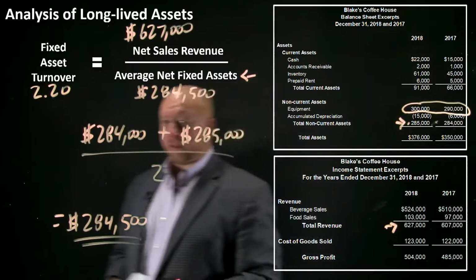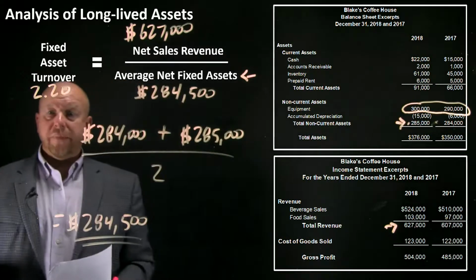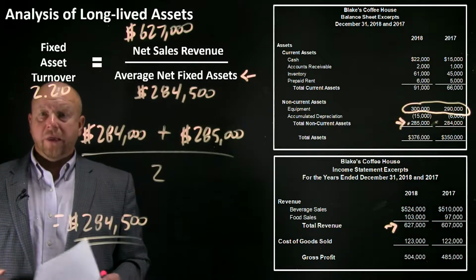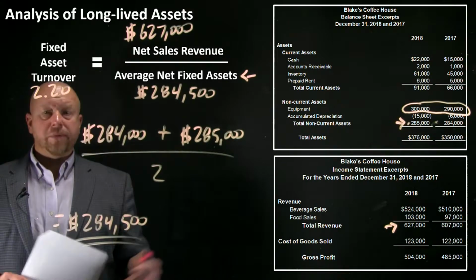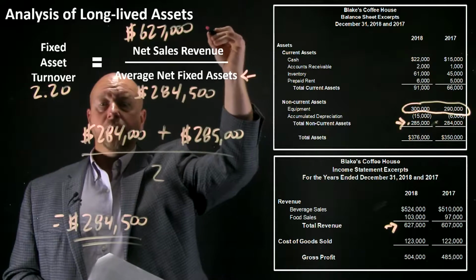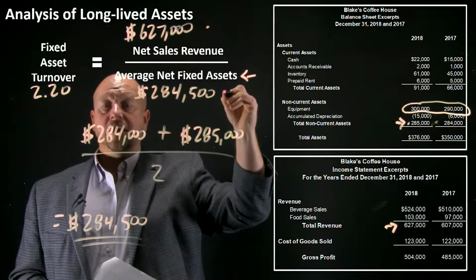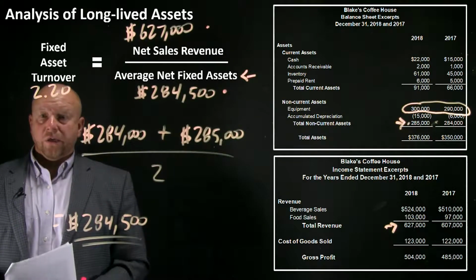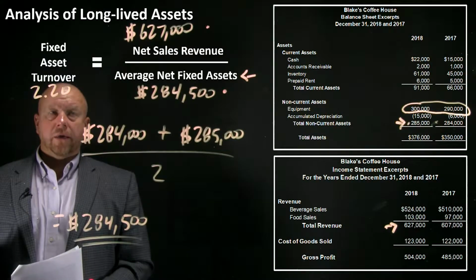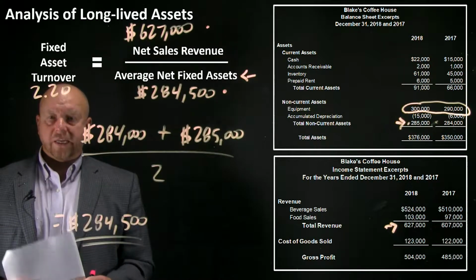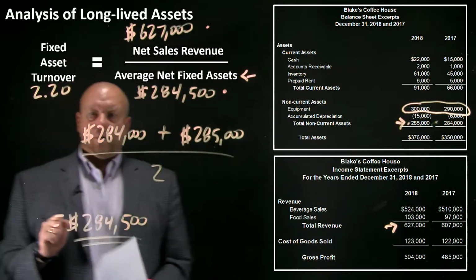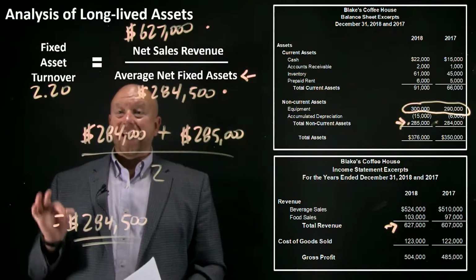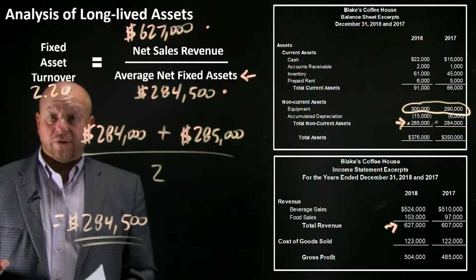Now let's talk about this fixed asset turnover ratio. Bigger is better, okay? The higher turnover ratio means more sales revenue relative to your investment in fixed assets. So bigger definitely is better because you're getting more production out of your fixed assets. One caveat though, bigger is better as long as the sales are profitable.